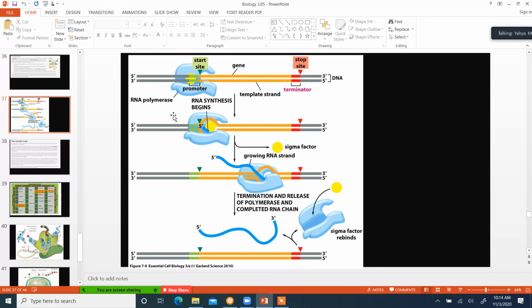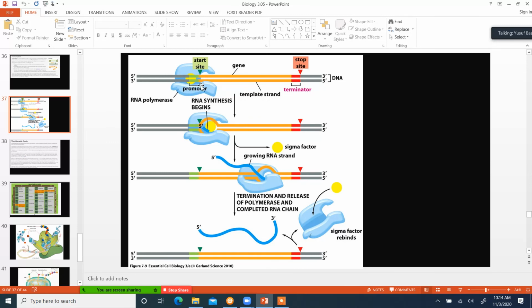This is a protein. That's a big protein, right? You see this one down here, same thing, protein. So this one's floating around, and it's reading the DNA. It's looking at the DNA, and when it reaches a certain site called a promoter site, it recognizes, hey, let me start right here. So then it starts making the RNA.